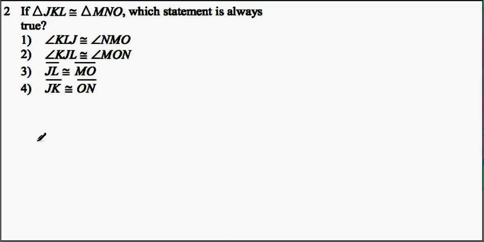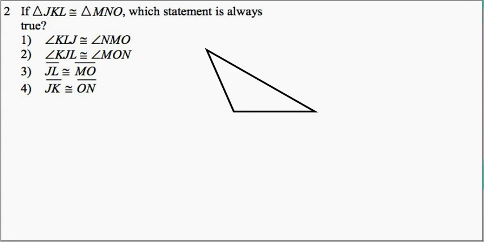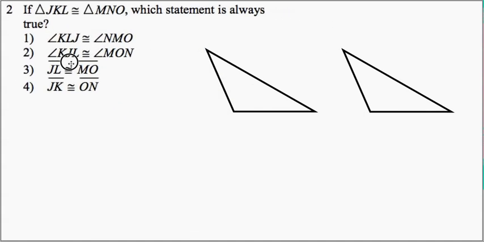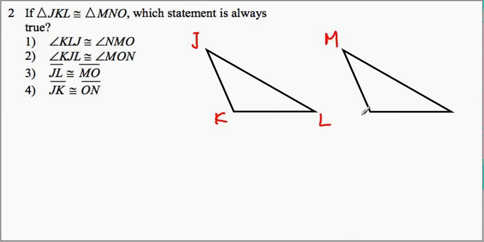Alright, so we have two triangles that are congruent. Which statement is always true? Now, in this case, given that two triangles are congruent, as an example, I'm making those two triangles here, as you can see, and I will label them J, K, L. Then the same lettering has to correspond to the same location here.